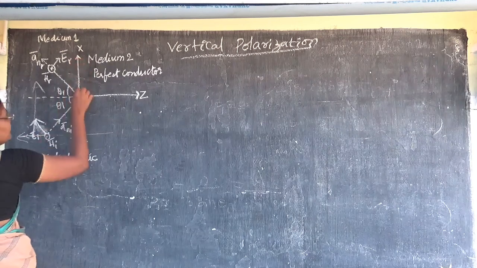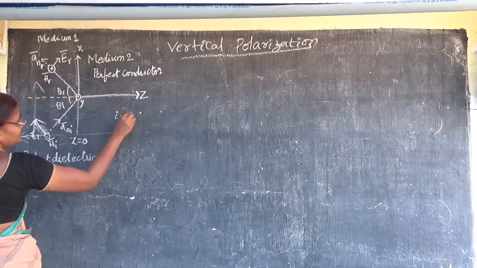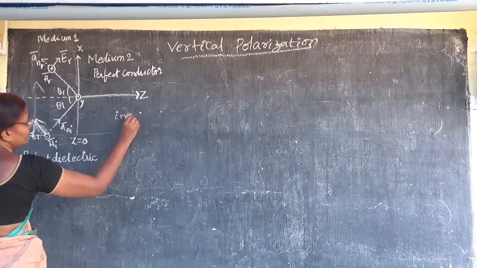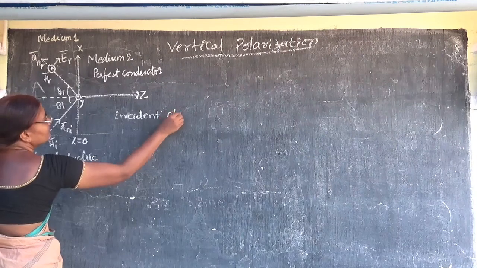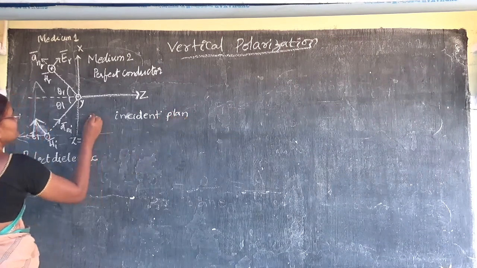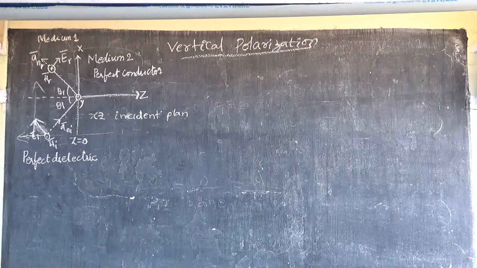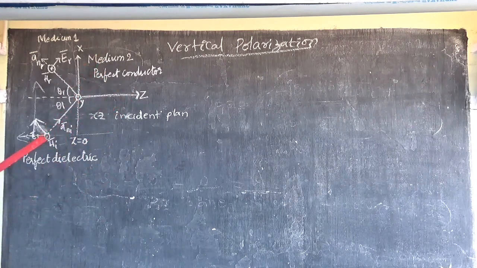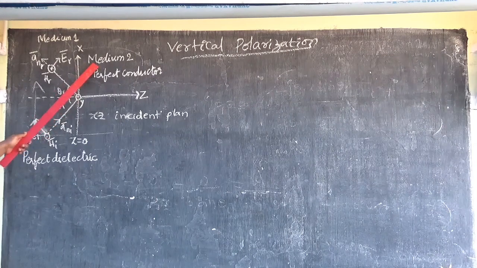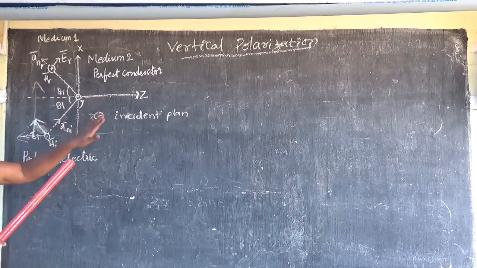So my x and z plane will be my incident plane. So my incident wave will touch the xz plane. In this way we can identify the incident plane.